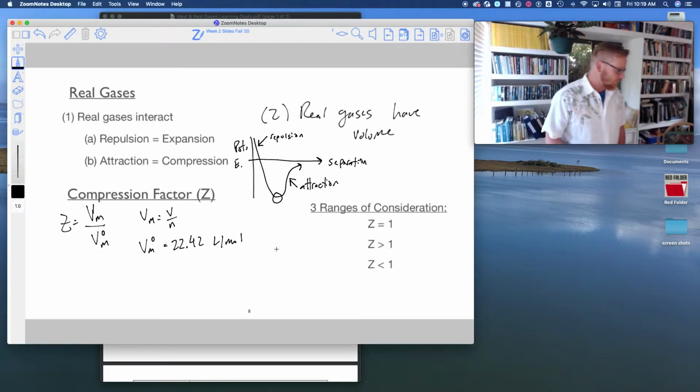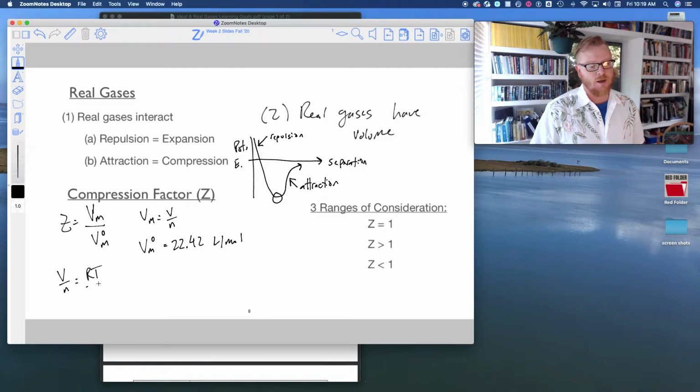Okay? And so there's a couple different ways that we could calculate what the compression factor is, right? We could say, well, if we know that V over N equals RT over P, this is just doing some algebra with the ideal gas law, okay? That, if I plug in STP conditions, so I'll put a standard and a standard, then I get this Vm standard, okay?